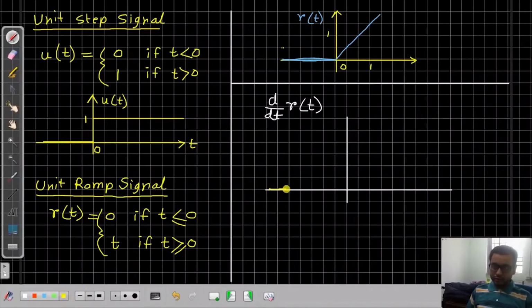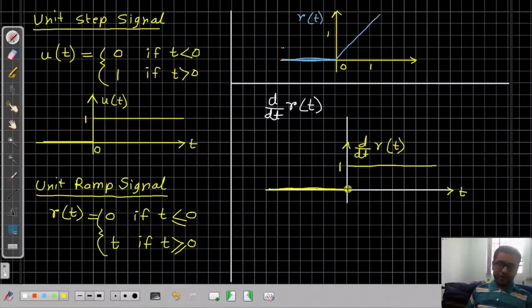So before time equals 0, the derivative of the ramp signal is 0. After time t equal to 0, r of t increases with a constant slope. That slope is 1. So the derivative after t equal to 0 will be a constant equal to 1. So this is time versus d/dt of r of t.